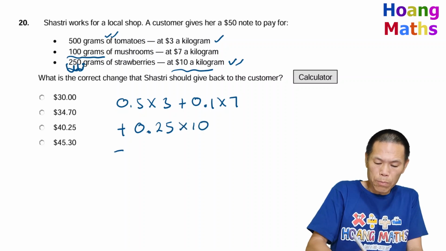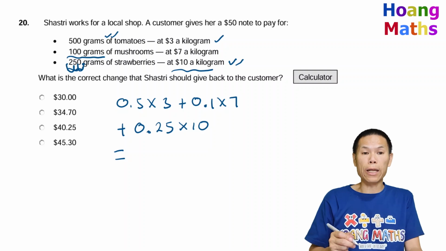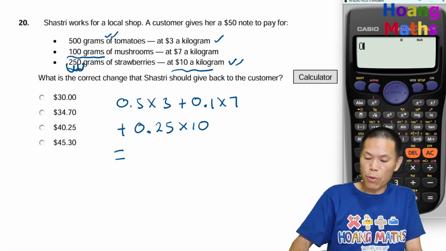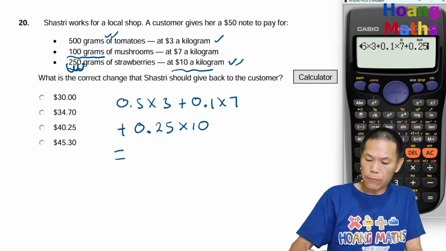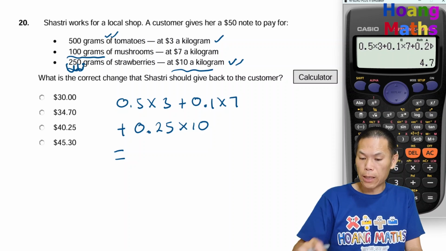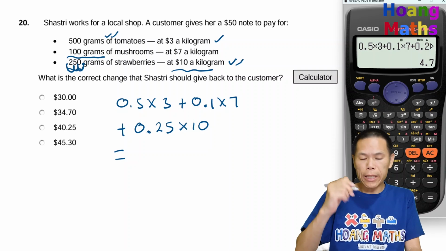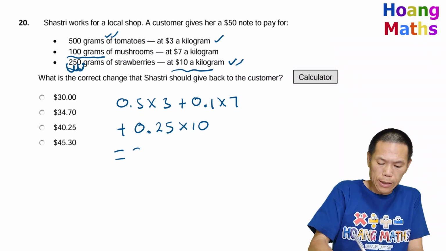So I just put it on a calculator, because we are allowed to use a calculator for this question. So 0.5 times 3, we add 0.1 times 7, we add 0.25 times 10. So there you go, $4.70, because money has to be 2 decimal places.